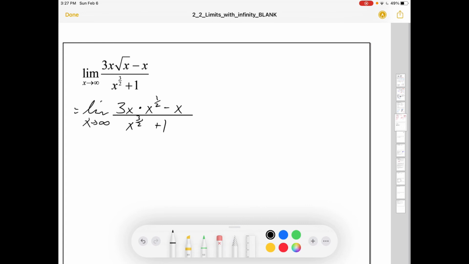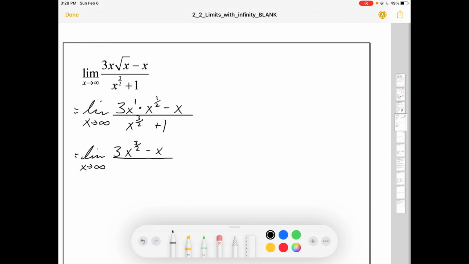So that's 3x to the 1 times x to the half. When you multiply with the same base, you add the exponents. So you might say, oh, that's 3x to the 1.5. But our days with mixed numbers are probably done. 1.5 is 3 over 2.